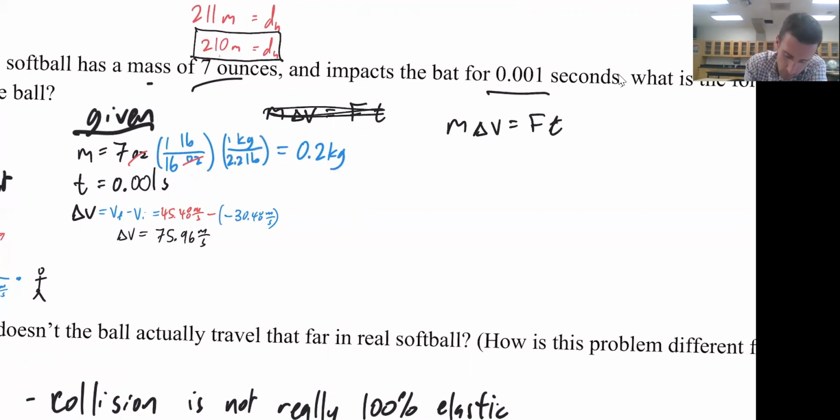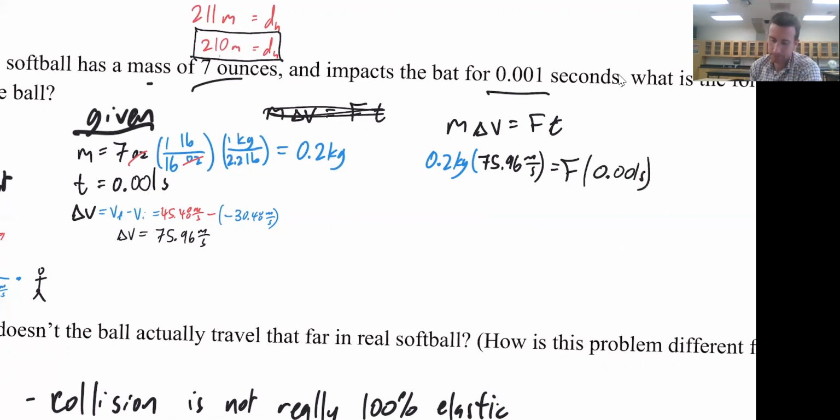Okay, the mass was 0.2 kilograms times the change of velocity, 75.96 meters per second, equals the force of the impact, that's what I'm solving for, times the time, which was 0.001 seconds.